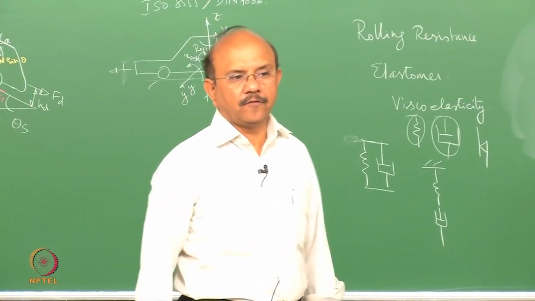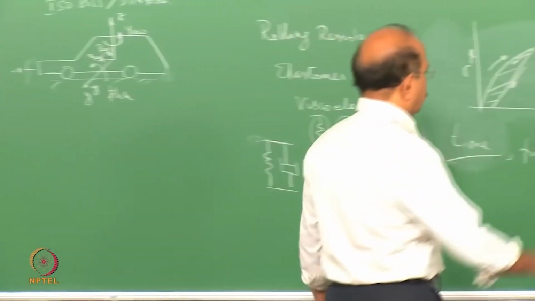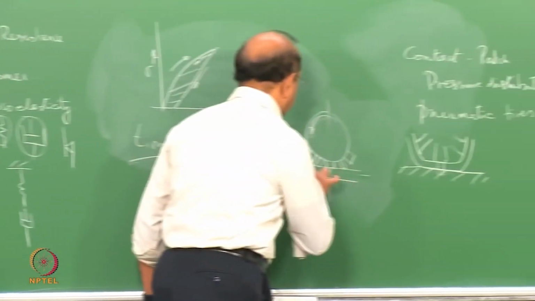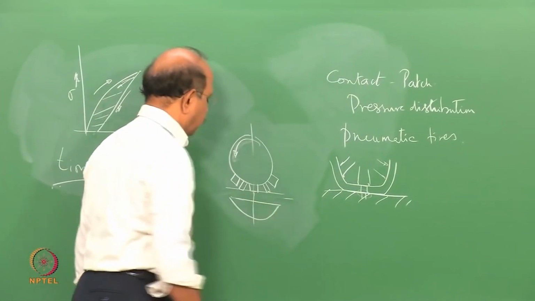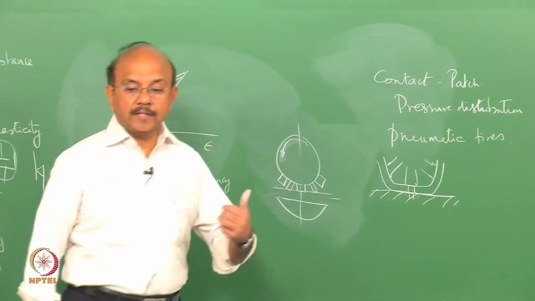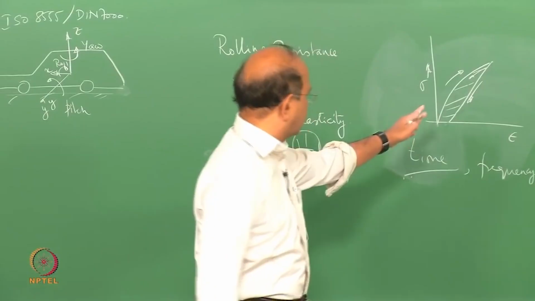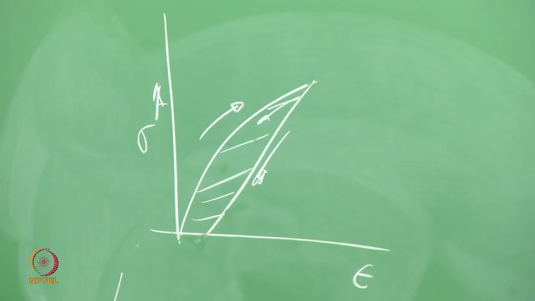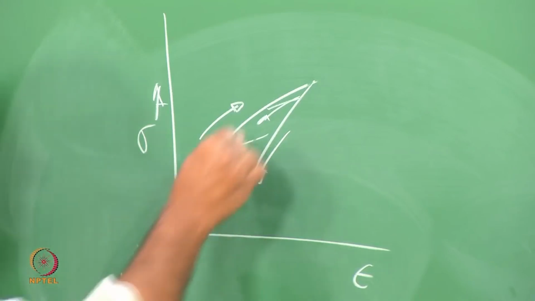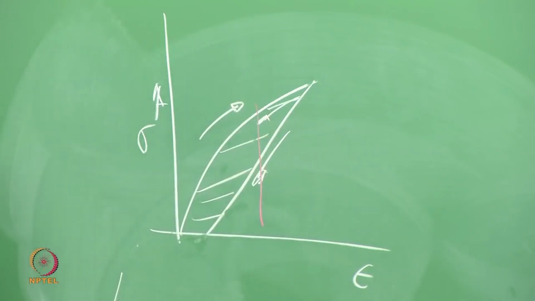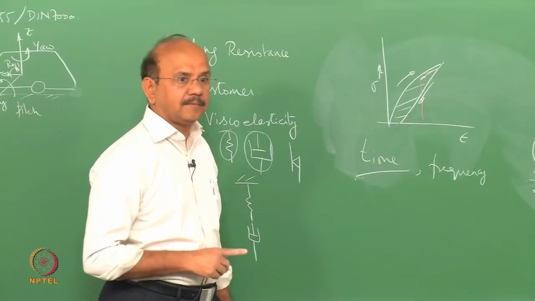It was symmetric when it was stationary, that is fine, but when it gets loaded and unloaded, look at this carefully. For the same strain, in the unloading path, the stress is less.